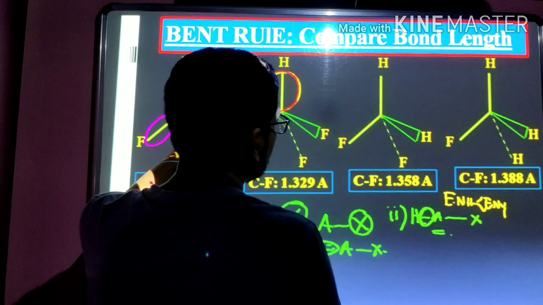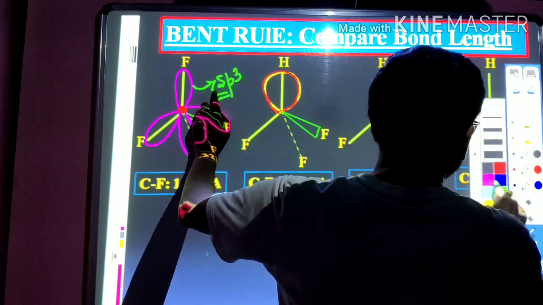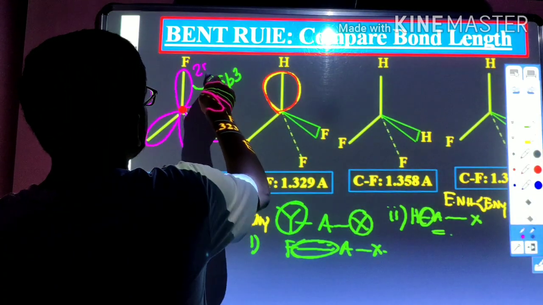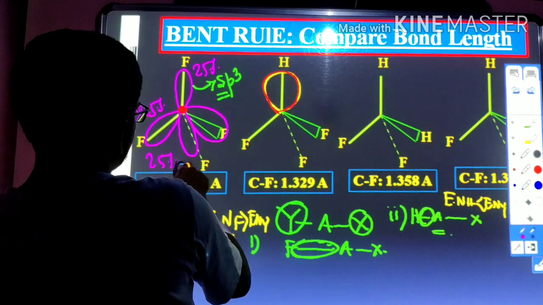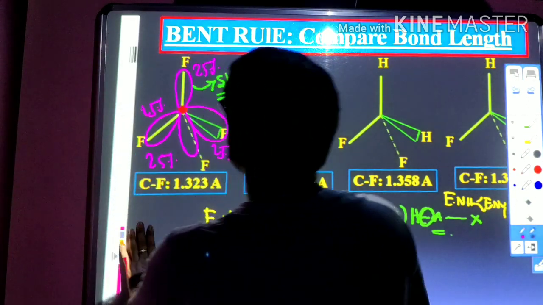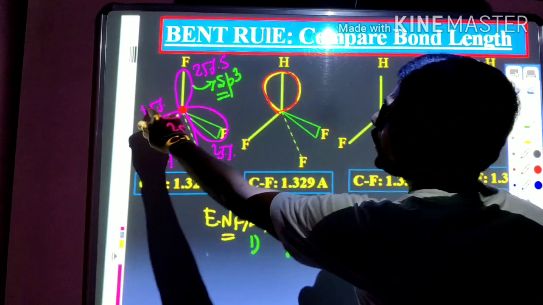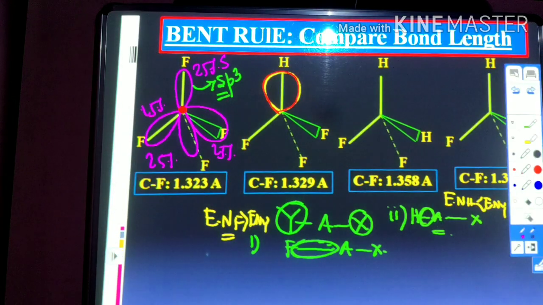Is that clear? If it's not clear, here it is 25%, here 25%, here 25%, and here 25%. So 100%.